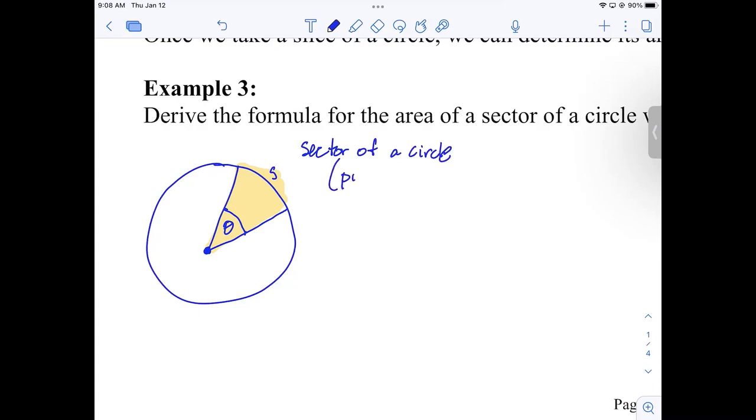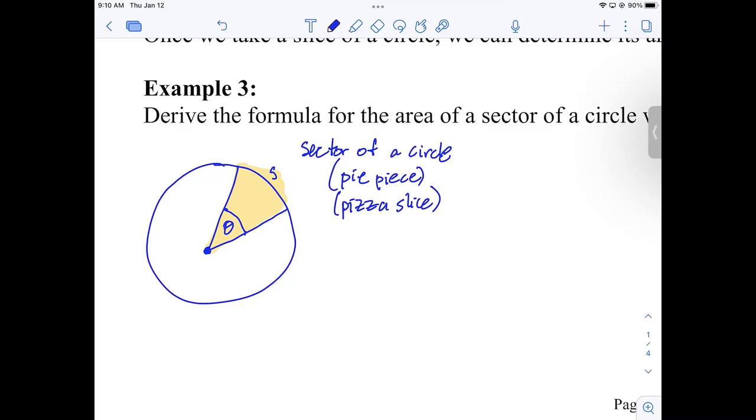It's a pie piece. So it's not considered a triangle because it has the curved edge. It's like a pie piece or a pizza pie, right? Pizza slice. Pie piece, pizza slice, whatever helps you think about it. And we're going to derive how to find the area of that.